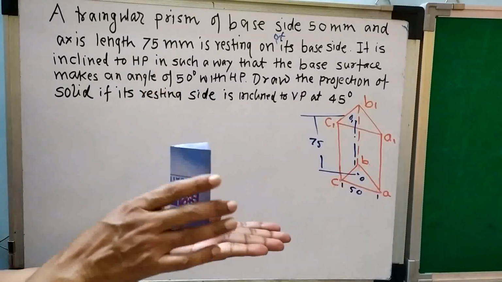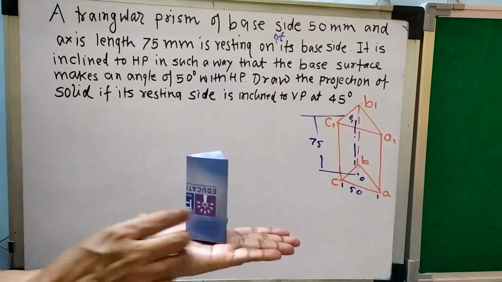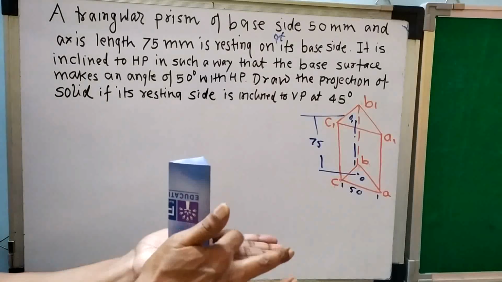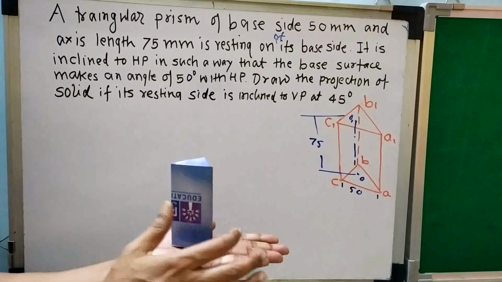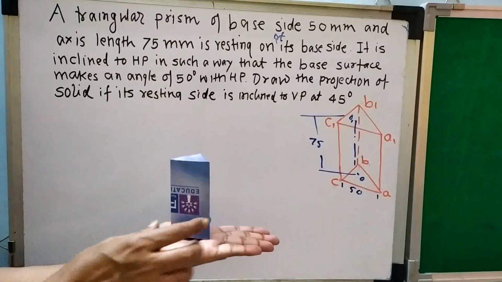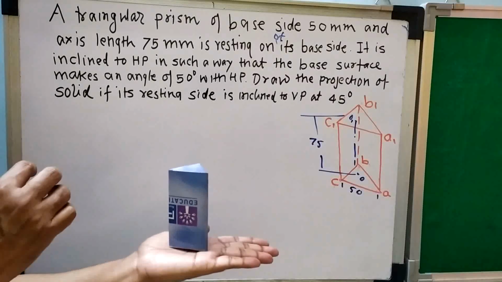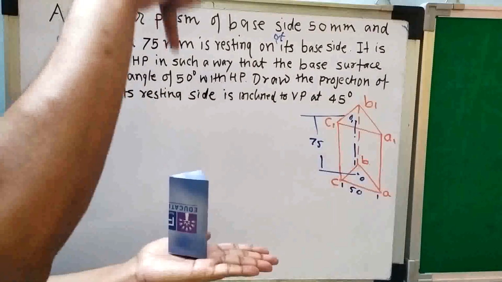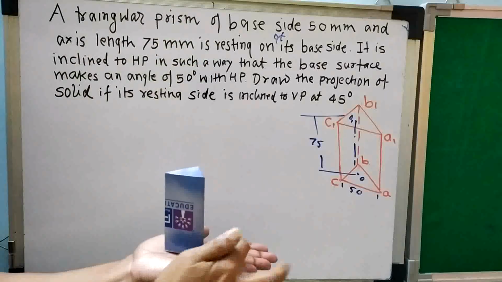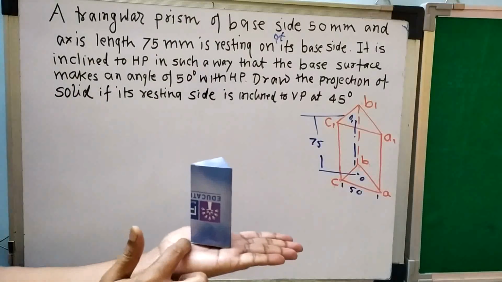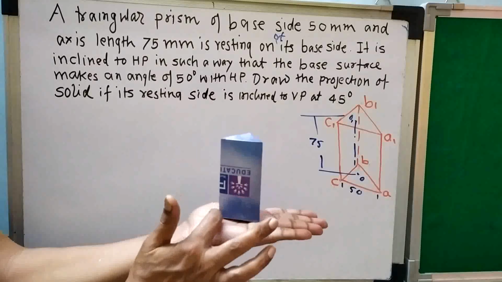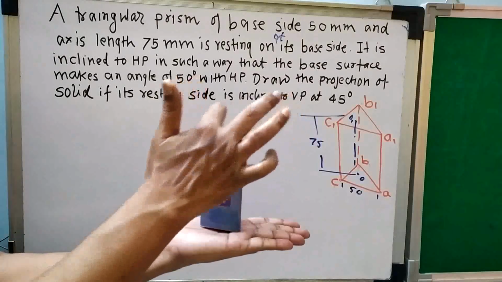So I keep this triangular prism on the HP with the resting side perpendicular to XY. Initially I keep it in this position and see from the top. Suppose this is A, B and C, and this is A1, B1 and C1.